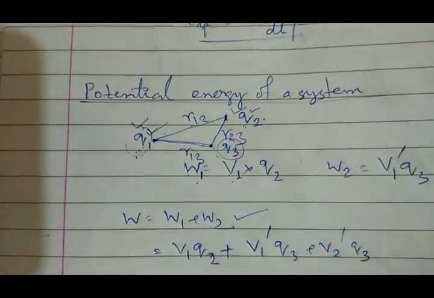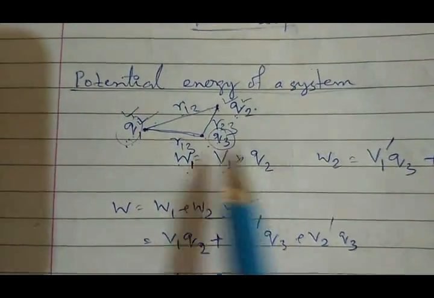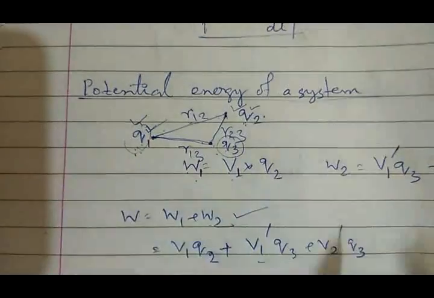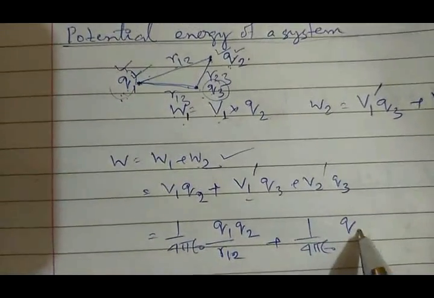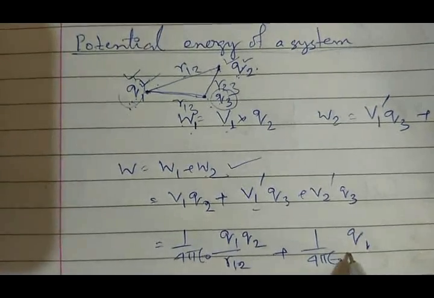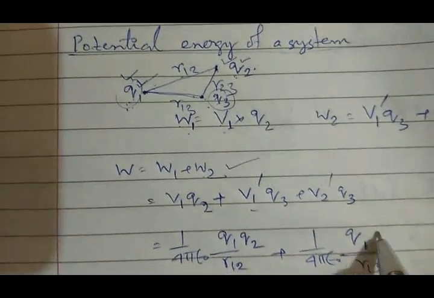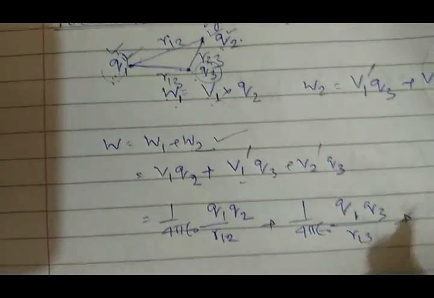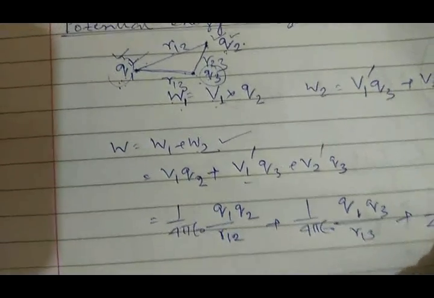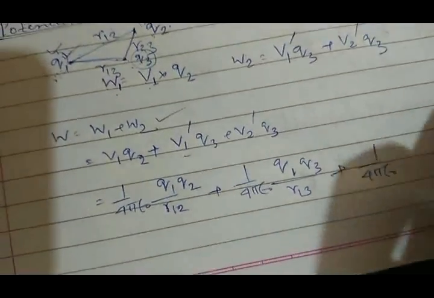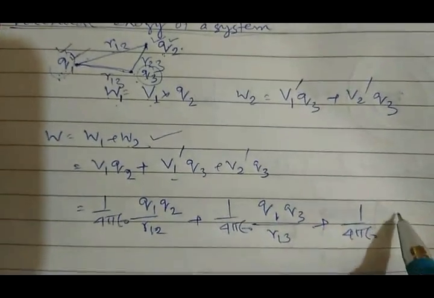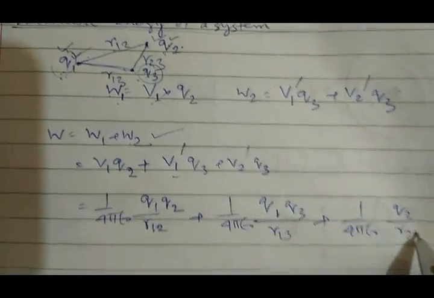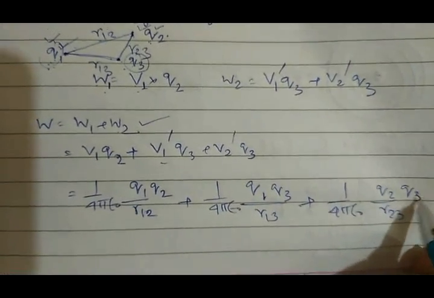V1 prime means the potential at this point because of Q1, so that will be 1 by 4 pi epsilon naught Q1 by R13, into Q3, plus 1 by 4 pi epsilon naught. V2 prime is the potential at Q3 because of Q2, so this will be Q2 by R23 into Q3.